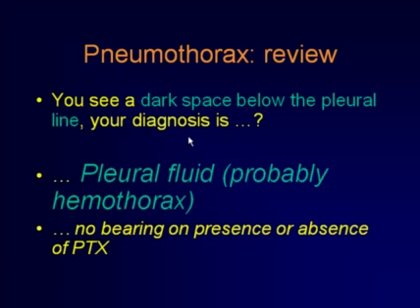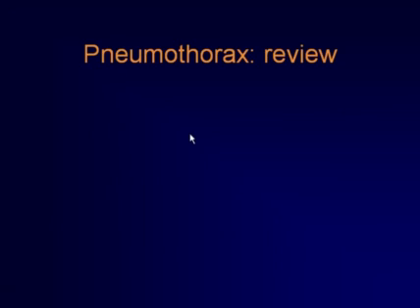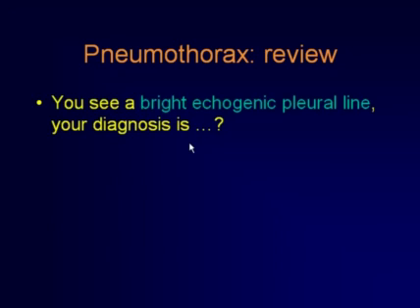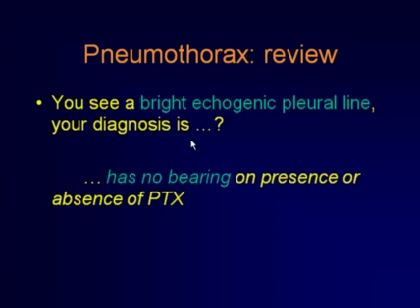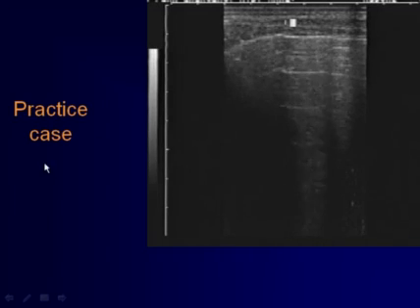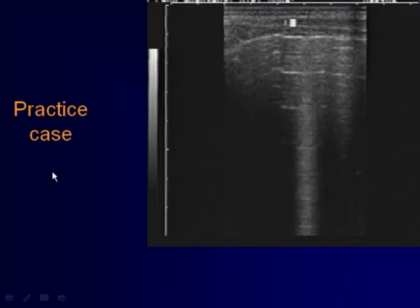Once again, the rest of the lung, especially the anterior space, should be checked for pleural sliding. A bright echogenic pleural line has no bearing on the presence or absence of pneumothorax, so that's not part of the evaluation. And here are a few cases just to review.